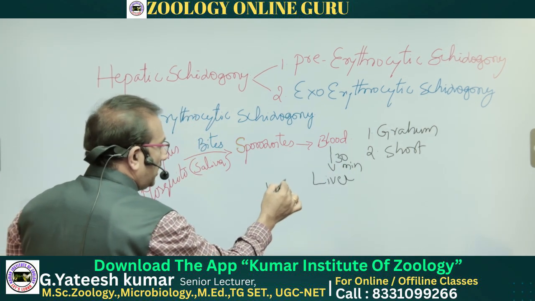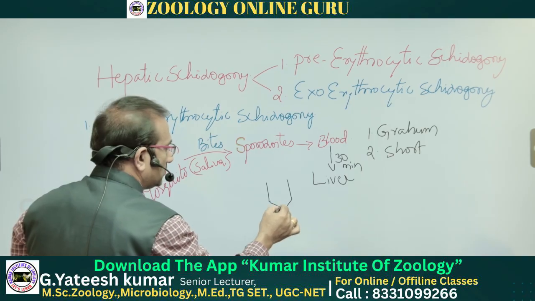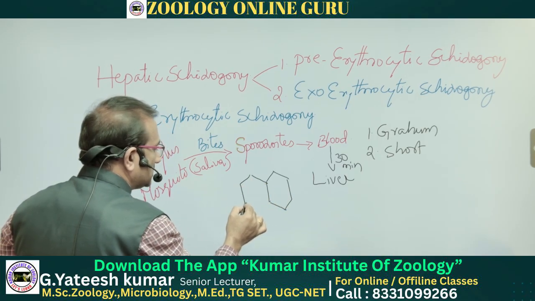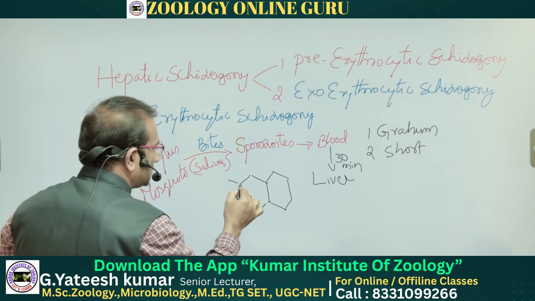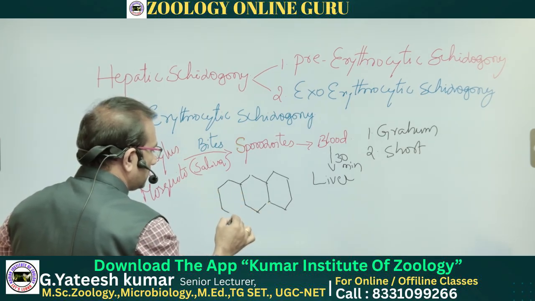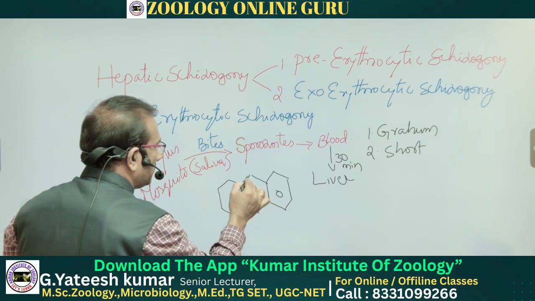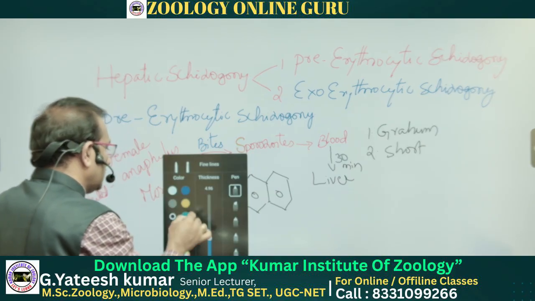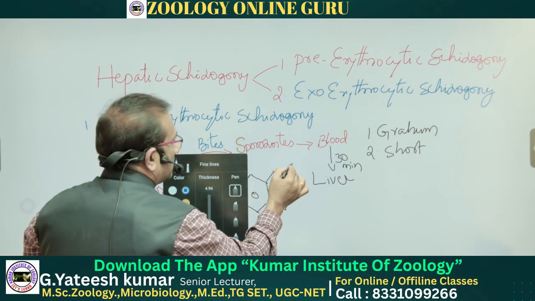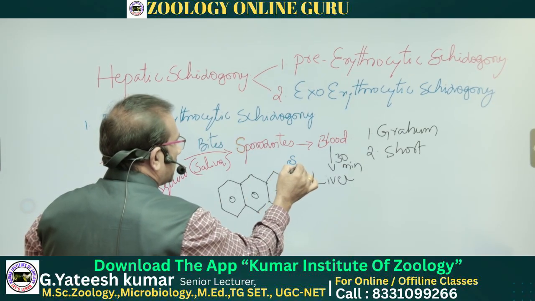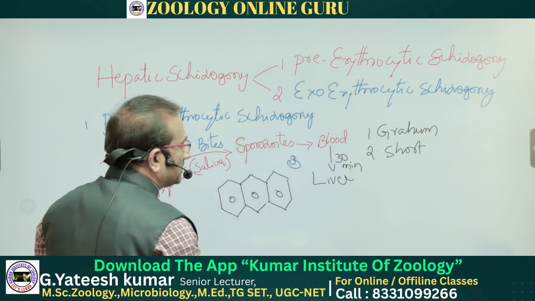The hexagonal hepatocytes, these are the liver cells, with nucleus. In these liver cells, the sickle-shaped sporozoites enter inside.